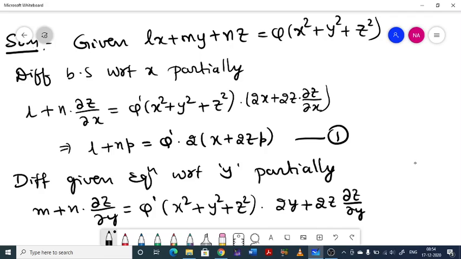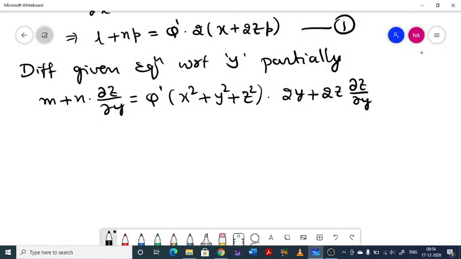So this becomes m plus nq equal to phi dash times 2 into y plus zq.